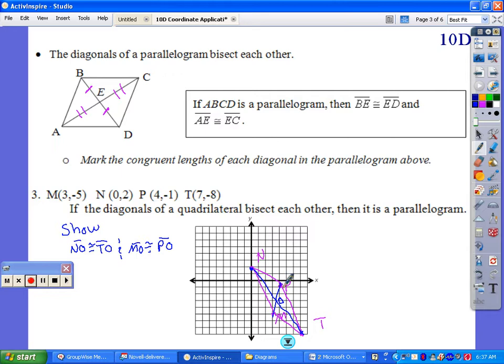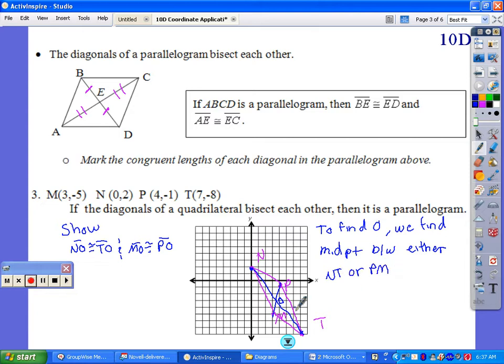And if they're not, then this is not a parallelogram. So in order to do that, we need to find the distance from N to O. In order to find the distance from N to O, we need to know what point O is. So we know O is the midpoint of either NT or MP. So to find O, we find the midpoint between either NT or PM.